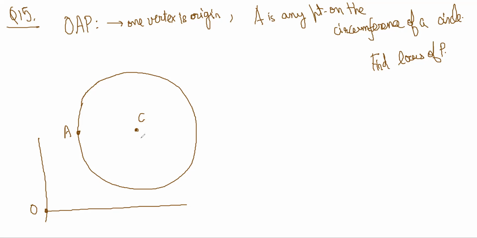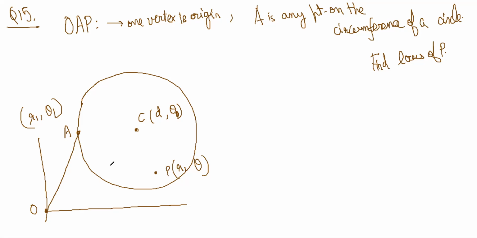So let's work in polar coordinates. The polar coordinates of the center you can take as d comma theta naught, A can be taken as r1 comma theta 1, and P is my variable point anywhere, r comma theta.